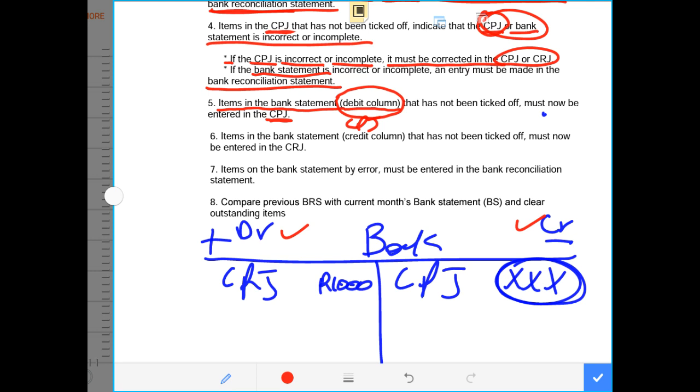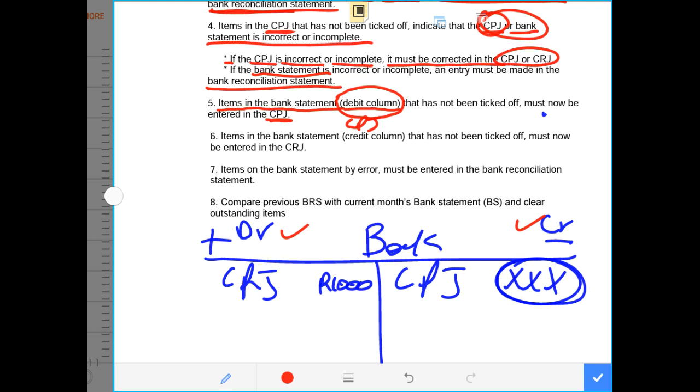I want to specify that, because there might be an adjustment that states that the amount that appears on the debit column of the bank statement was a mistake of the bank. So if the amount on the debit column of the bank statement was a mistake of the bank, it's an amount that was not supposed to be recorded there.